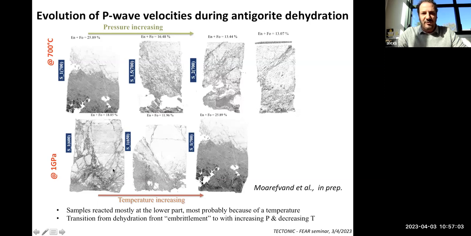So you have a lot of fractures and you transition slowly to some sort of a reaction front, where here everything is reacted and here is the front of reaction. And this is the same now when you increase the pressure. This is the same image as this one, you have a reaction front, and as you increase the pressure, you seem to have more and more fracturing going on.